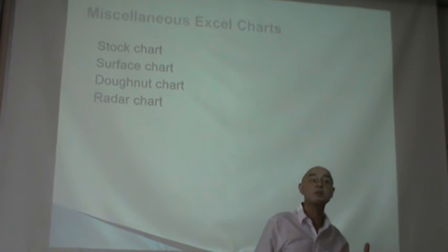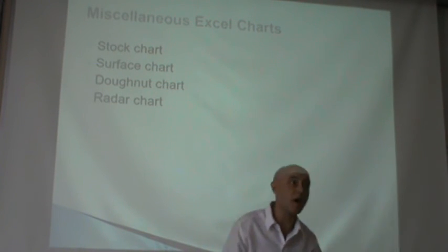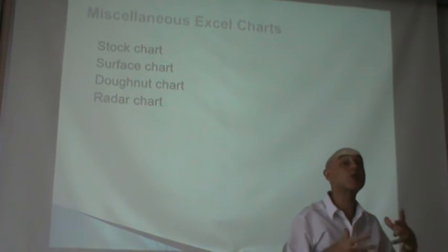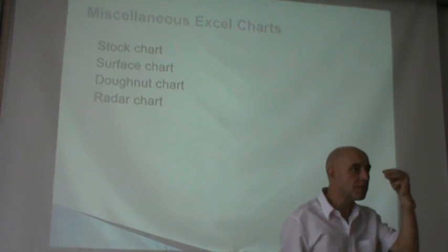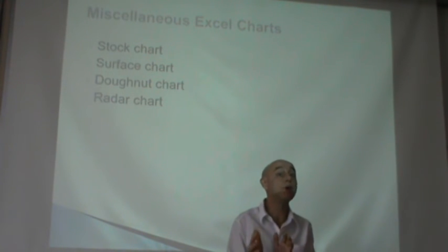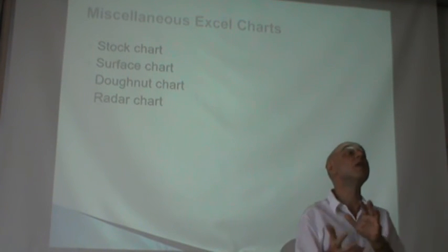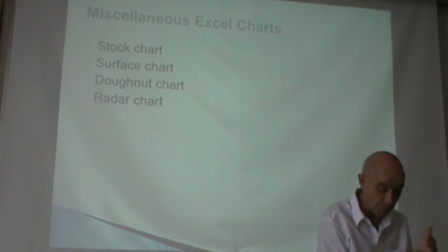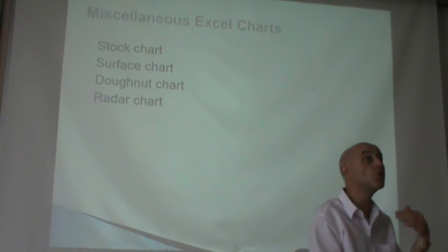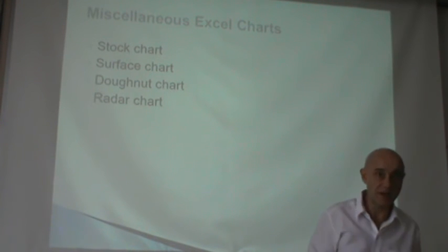Now, the most important are, remember, the line one, the bar one, the pie one. So you'll get to see. The important part to understand is that for different purposes, one type of chart is better to show the data that you want. So you'll need to select the more appropriate chart.